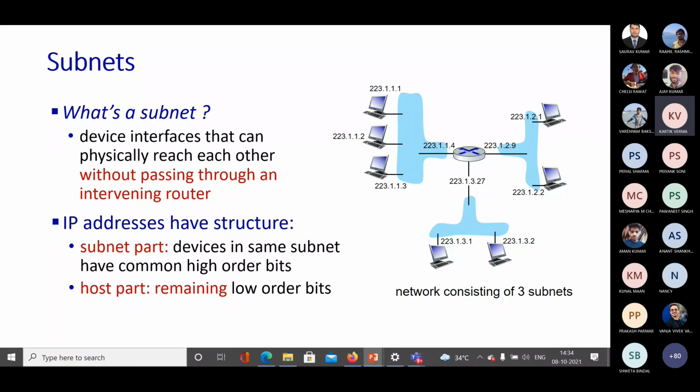The subnet part determines which subnet your device belongs to. The subnet part is essentially the higher order bits of the IP address, and the rest of the lower order bits determine your host. So essentially the subnet is like your colony and the host part is like your house number in your colony.